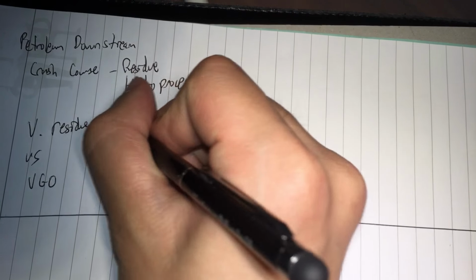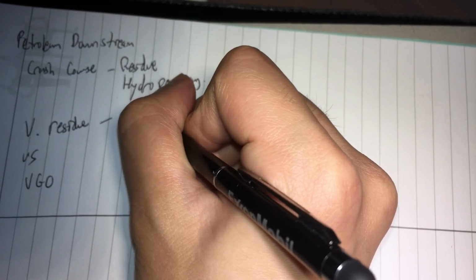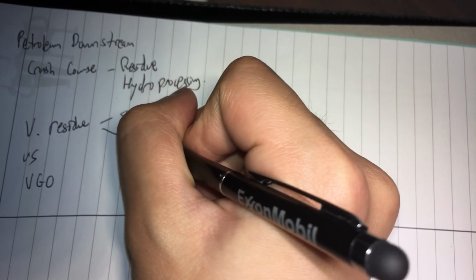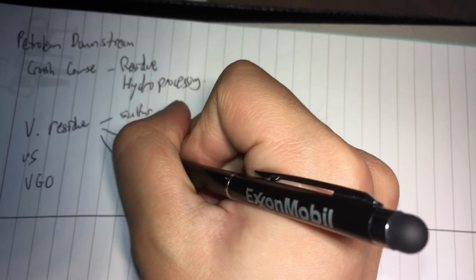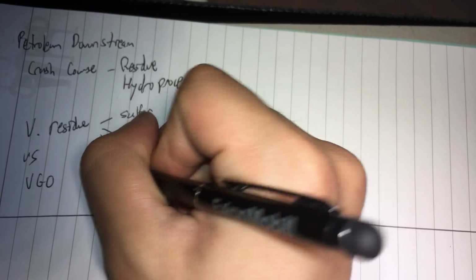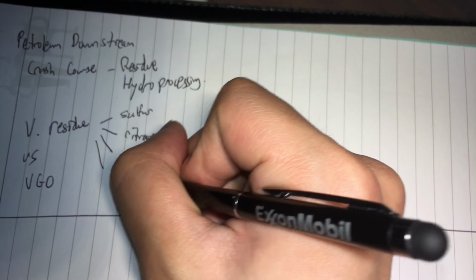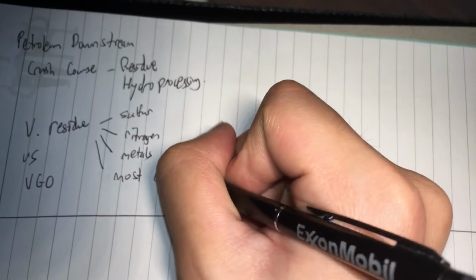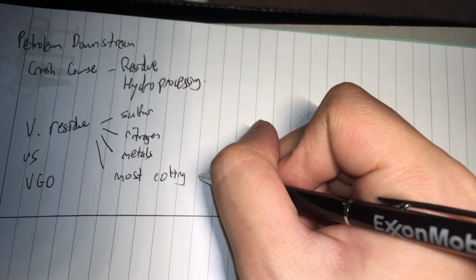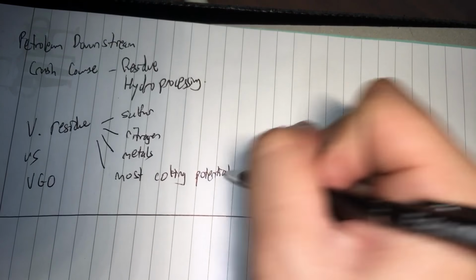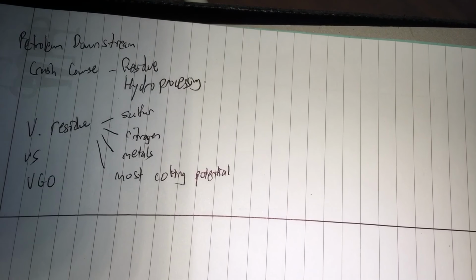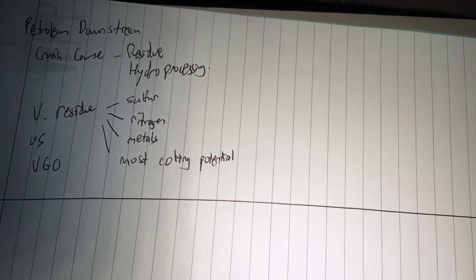What do I mean by that? It has the most sulfur, the most nitrogen, the most metals, and the most coke forming tendency. So it has the potential to form lots of coke. That's why it's called dirty.